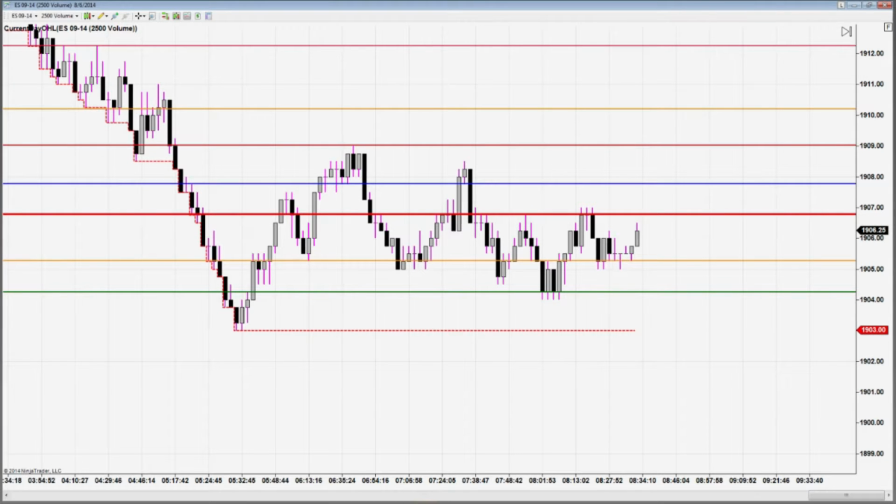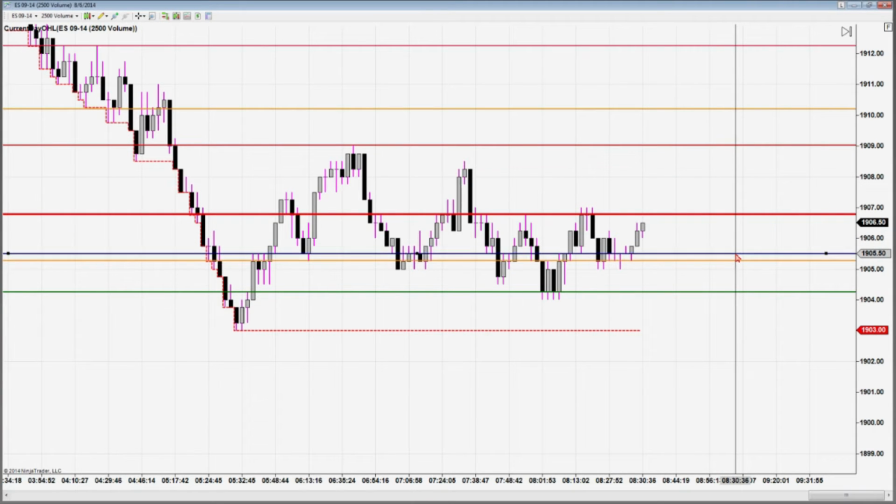And we're going to get an open here. We have our open. The open is at 1905.50. So I'm going to pull this down to 1905.50.